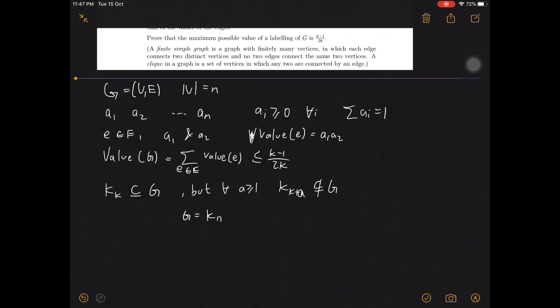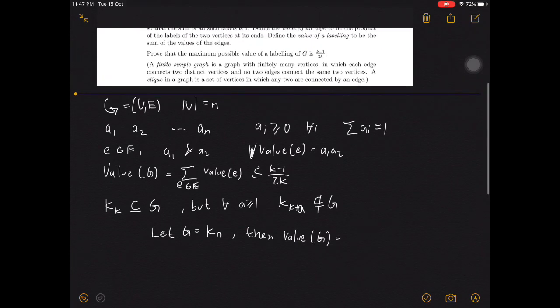Since the number of vertices of G is n, we let G equal K_n. Then the largest clique has n vertices, so we want to prove that the maximum value of G is (n minus 1) over 2n.